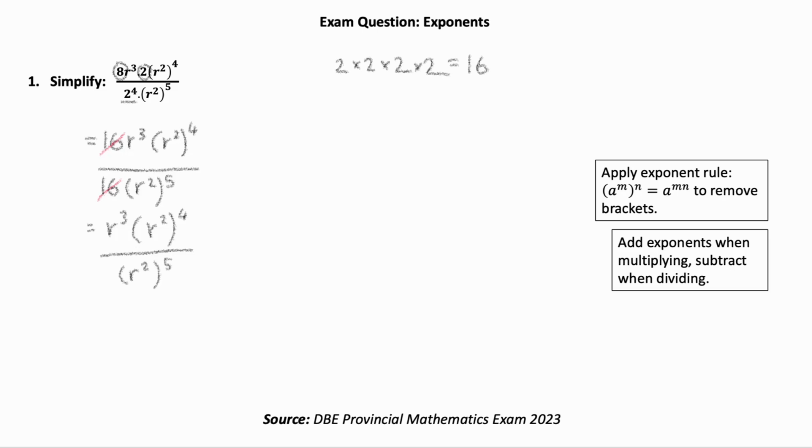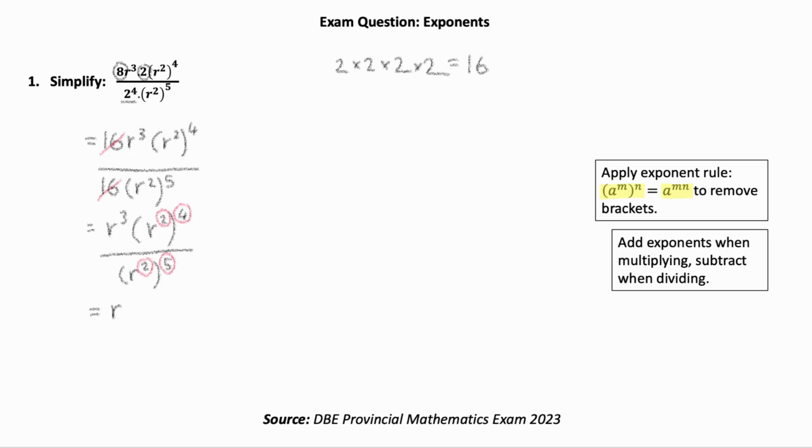Now let's take a look at this very important exponent rule. a to the power of m, raised to the power of n, is equal to a to the power of m times n. So that means we are going to multiply the exponents of 2 and 4, and we are going to multiply this 2 and the 5. Let's do that.